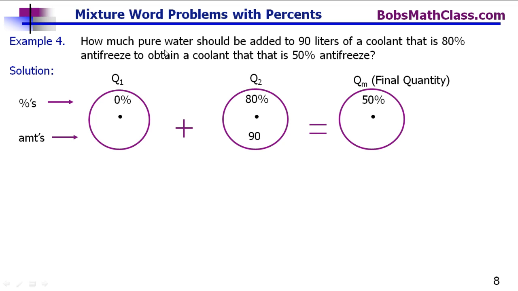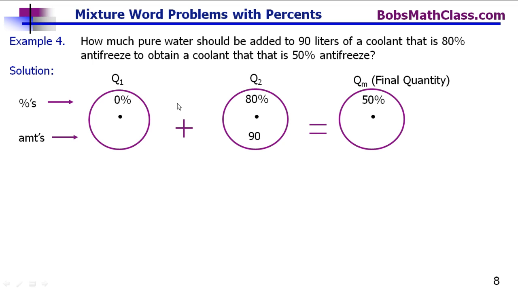Whenever we're using a pure substance, it's either going to be 100 or 0. The reason it's 0 in this case is because we're diluting this from an 80% to bring it down to a 50% antifreeze. If we were adding pure antifreeze, then it would be 100%, and that would be to raise it for some reason. So again, our final has to be in between these two, and this is either a 0 or 100, depending on what it is.